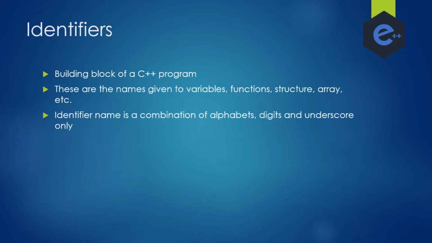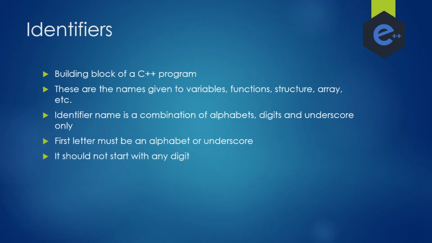Identifier name is a combination of alphabets, digits, and underscore only. 2. First letter must be an alphabet or underscore. 3. It should not start with any digit. For example, 0xyz is a wrong identifier name. However, we can write xyz or _xyz.